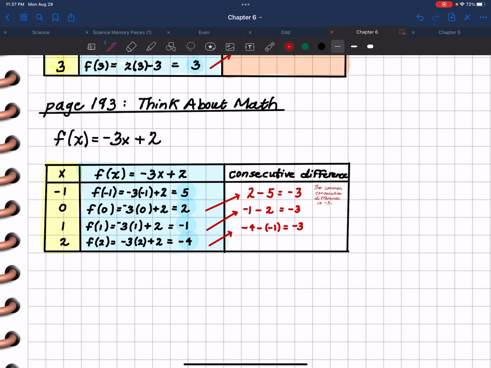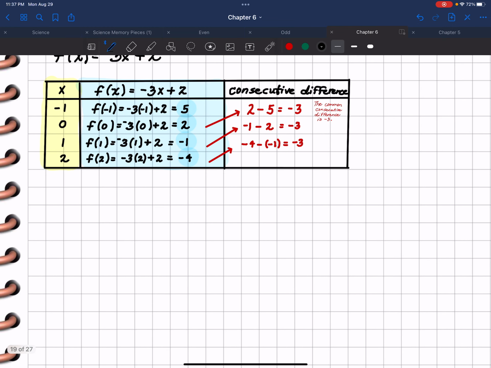Then the second question, what is the common consecutive difference for f of x equals x minus 4? Now let me check for any negative signs. I don't see any. So we need a table just like the one we built up there.